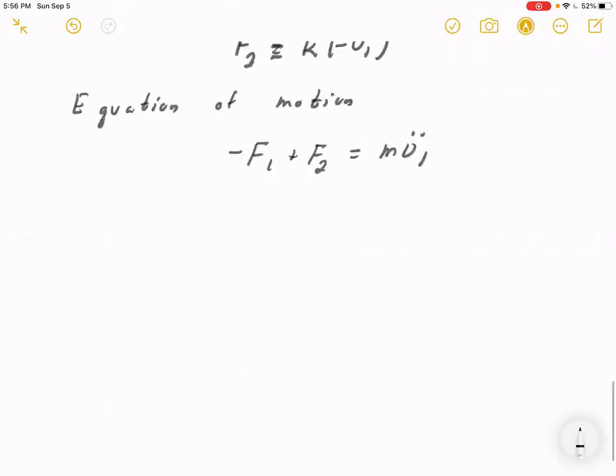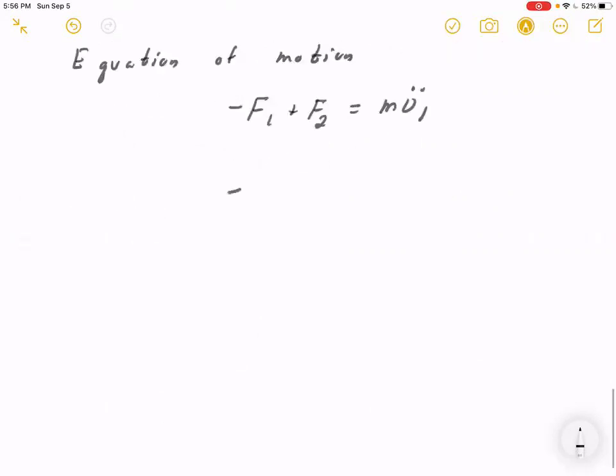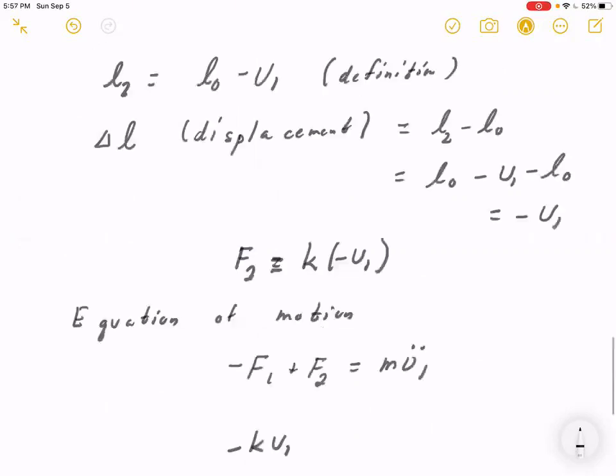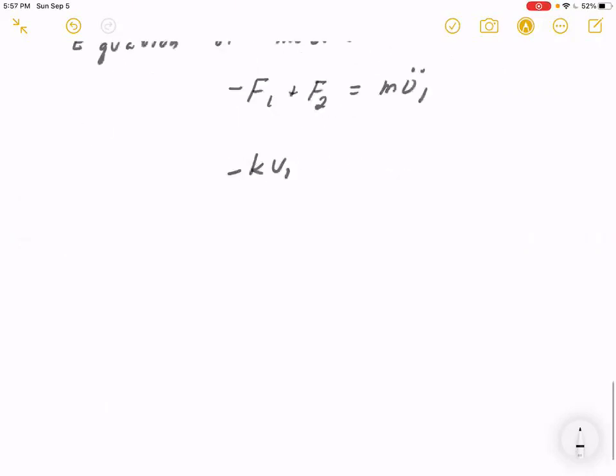F sub 1 we've computed. So that's K U sub 1. F sub 2 is K times minus U sub 1. So our equation of motion is the mass times the second time derivative of U sub 1 is minus 2K U sub 1.